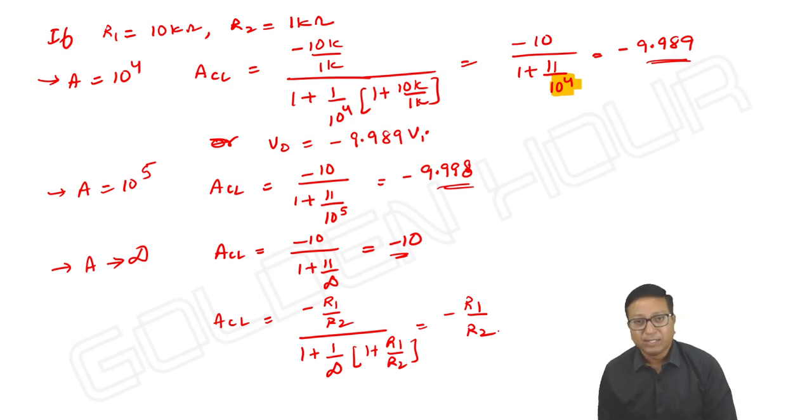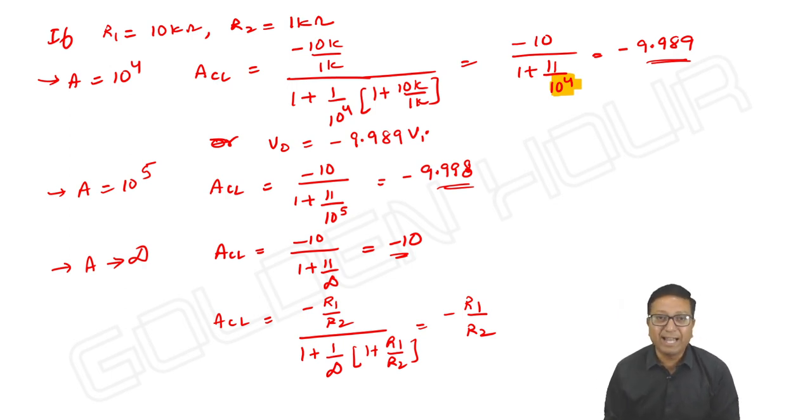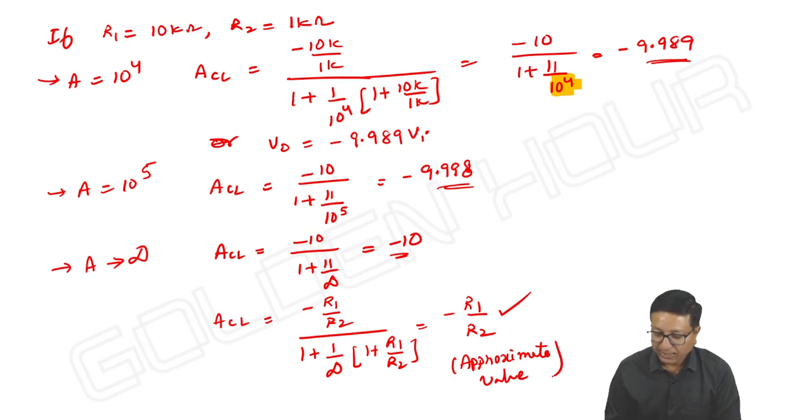So there is no difference among the final results, but there is a huge difference in the formula. Is it not so? That's it. And this is called the approximate value, and these two are the exact values.